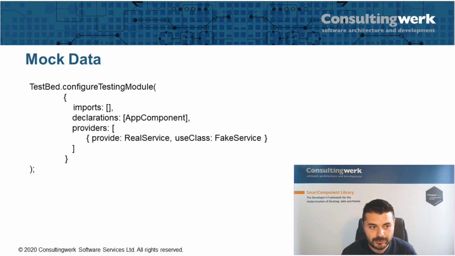But your components would be none the wiser. They would essentially treat it as a real service. They're going to call the getData method on it and use the result, which for the fake service is an actual static set of data, not something retrieved from the backend.